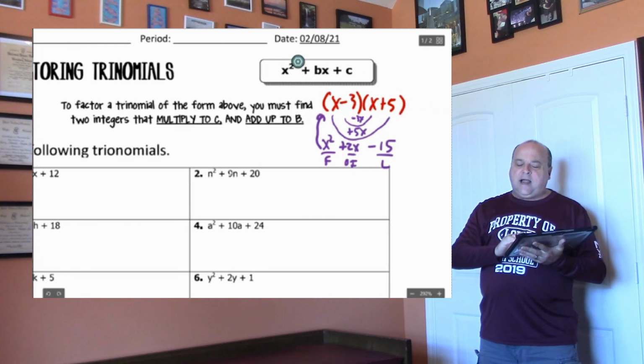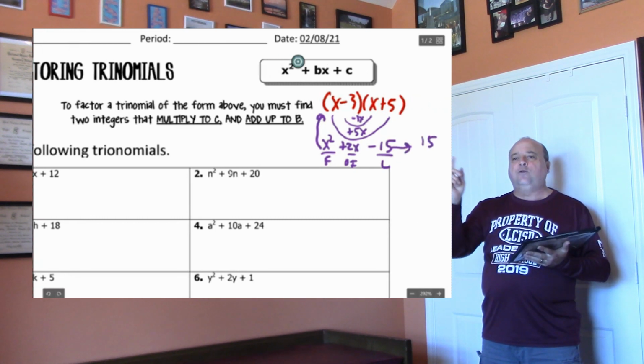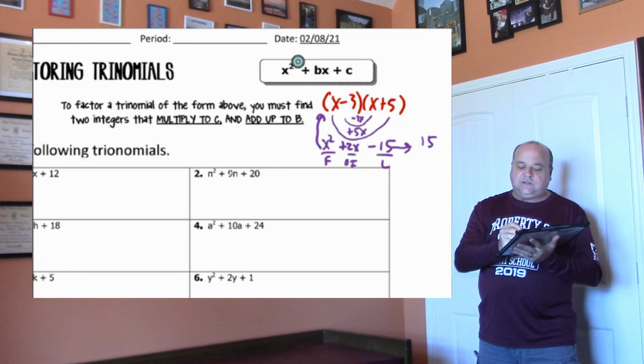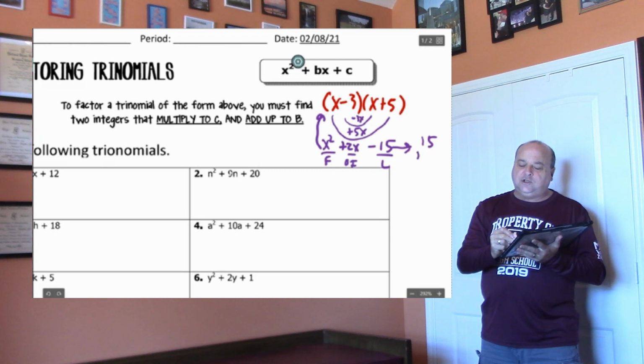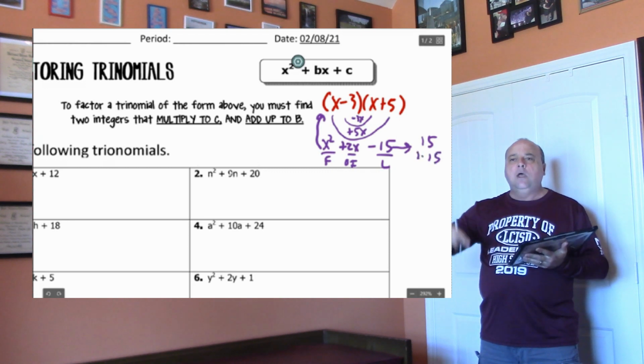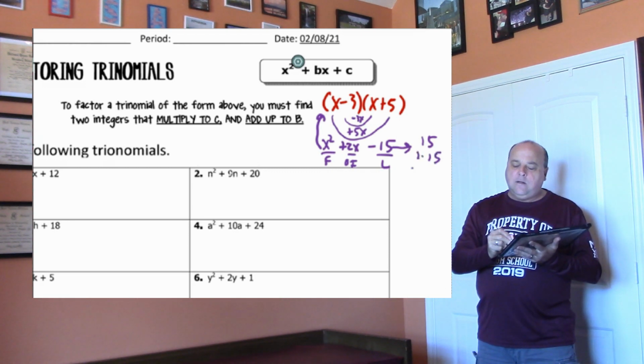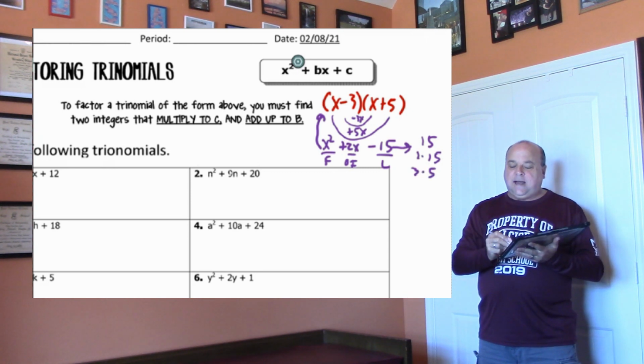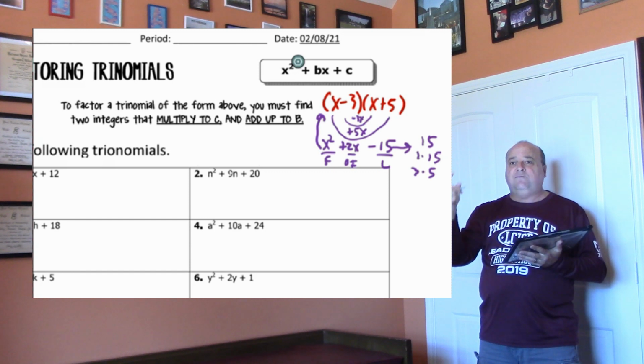Now then, to go backwards, what we would do is we would take this 15 and write down the factors. The factors are the numbers that multiply to give you this. Okay, so our factors, you always start with 1. 2 does not go into 15. 3 times 5 is 15. 4 doesn't work, and then we're back to 5. So 1 and 15 and 3 and 5 are it.